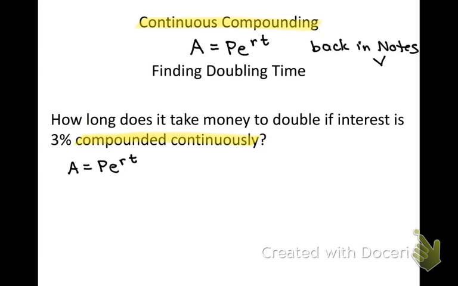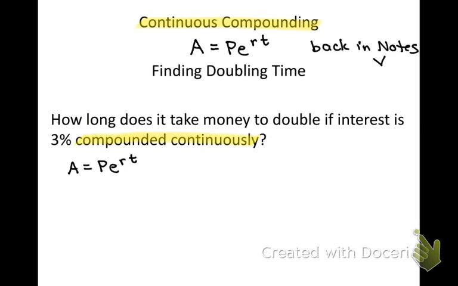Now, similar to our compound interest, A is going to be that future amount, P is my initial amount, e is e, r is going to be that rate as a decimal, and t is that time in years. So those variables represent the same things that they did in compound interest.